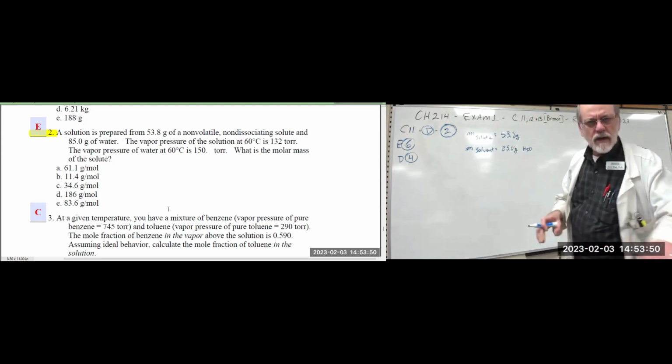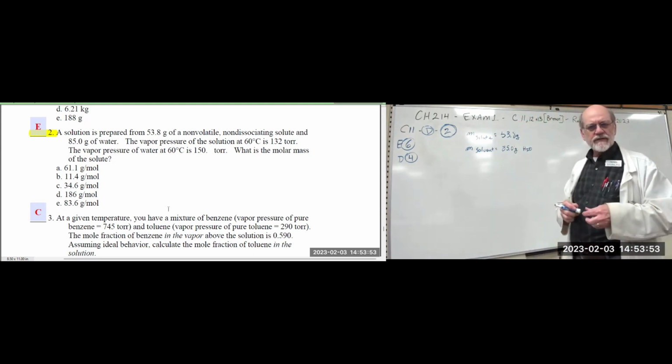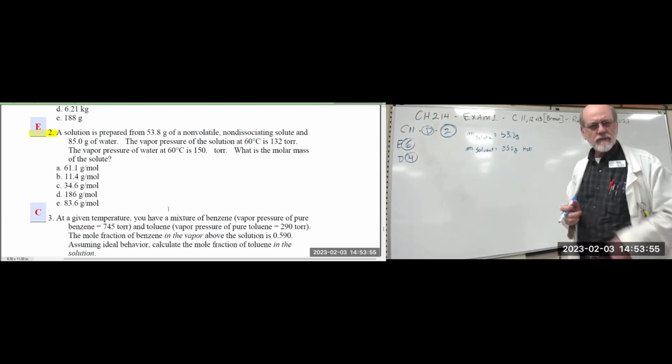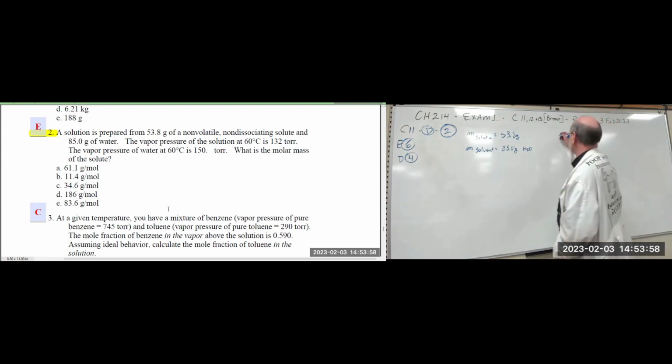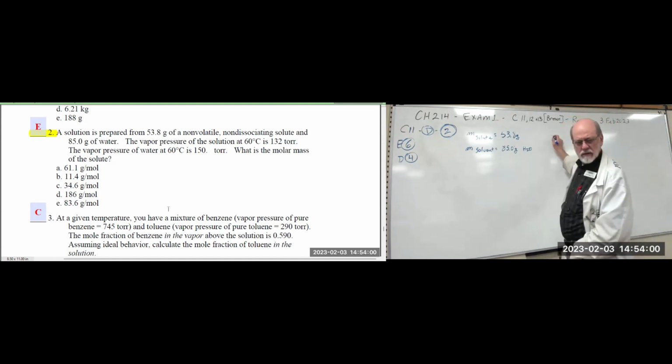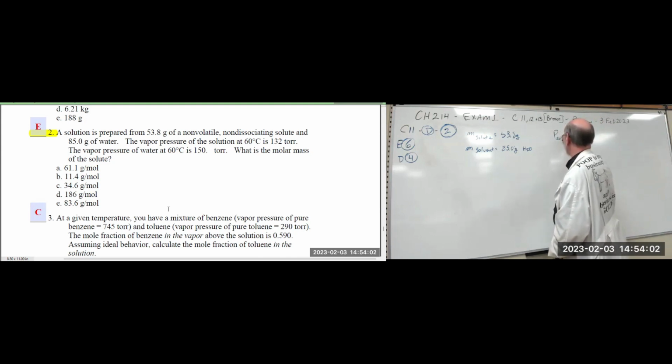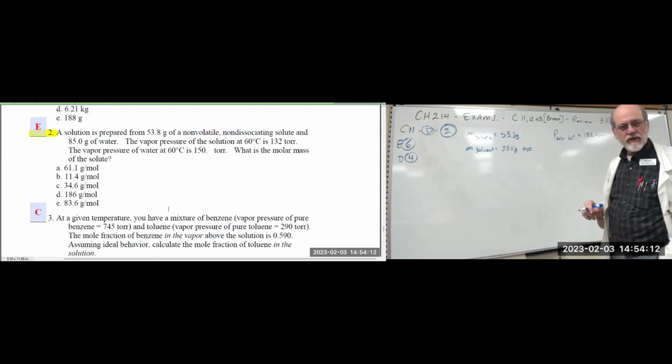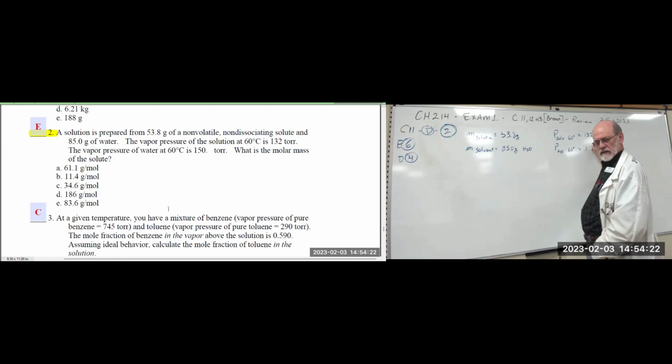The vapor pressure of the solution at 60 degrees is 132 torr. The vapor pressure of water at 60 degrees is 150 torr.